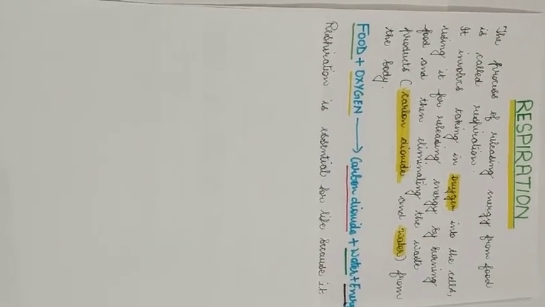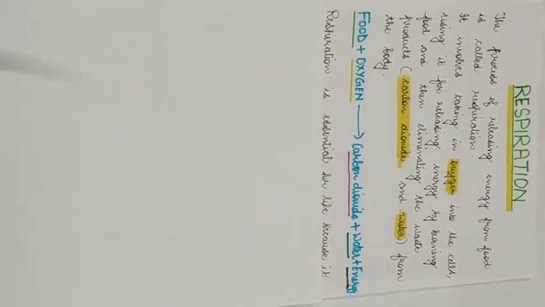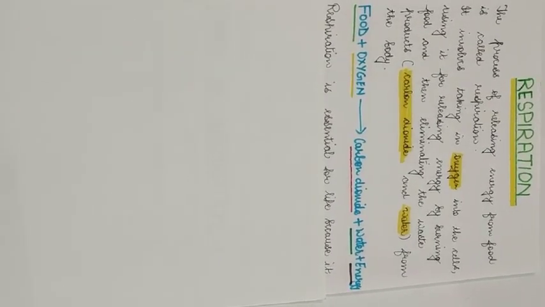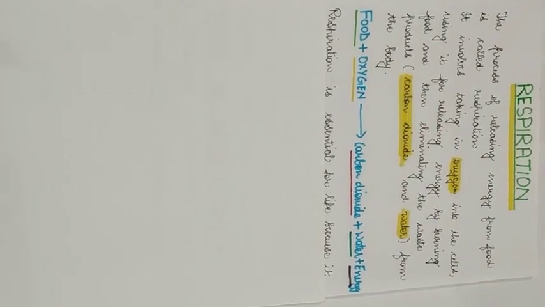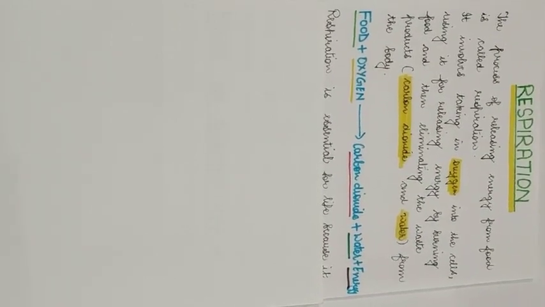I hope you all remember what lime water is. When lime water reacts with CO2 gas, it turns milky. When you pass air with the help of a syringe into the lime water, it does not change its color much.